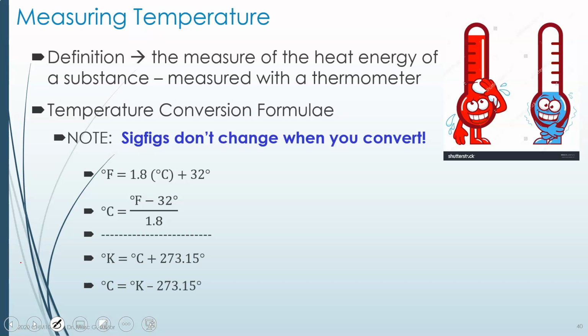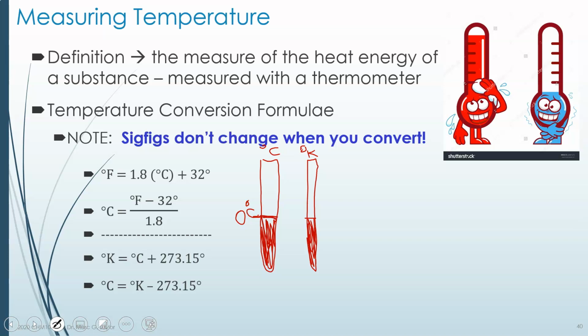Now we have this other scale called the Kelvin scale. And the Kelvin scale is interesting because it is very similar to the centigrade scale. If we have the exact same temperature, and one thermometer is in centigrade and one is in Kelvin, this one might read 0 degrees centigrade, but 0 degrees centigrade is not the coldest temperature possible.